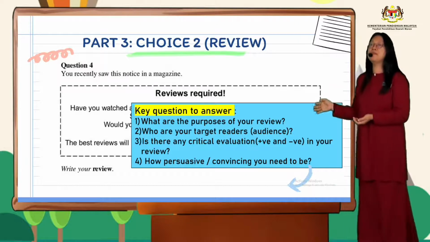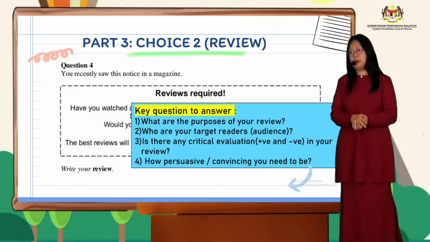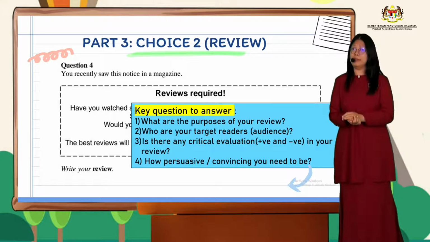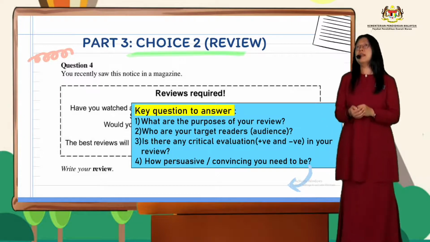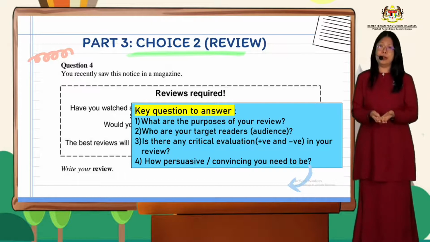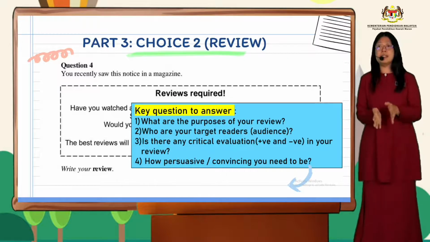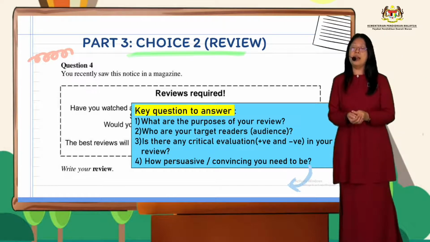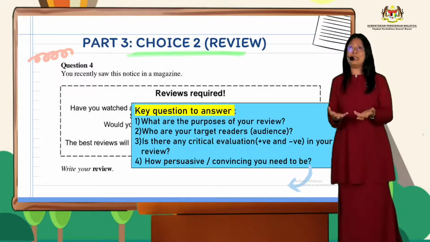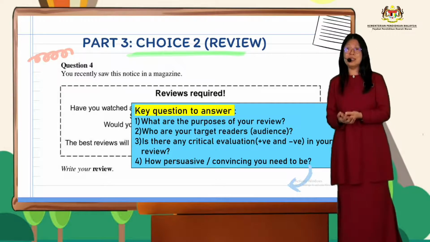Number one, purpose of your review. Purpose can be more than one. You write a review not only to say the product or the item is good or bad. At the same time, we can also inform the reader what are the weaknesses or the bad things about the product.